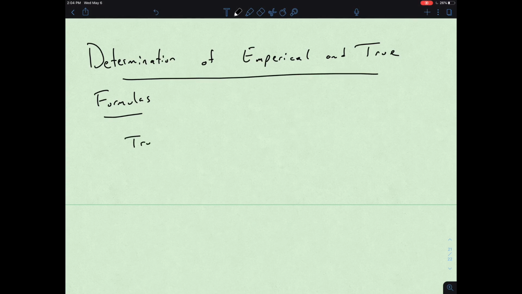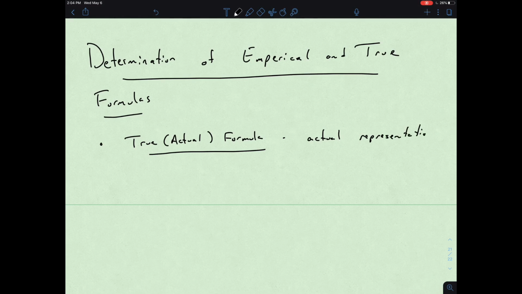We have the true or the actual formula, which is the actual representation of the number of elements making up a molecule.